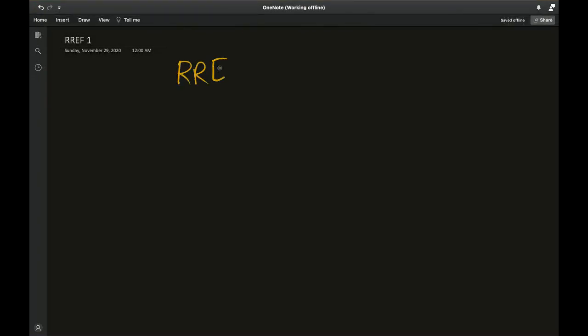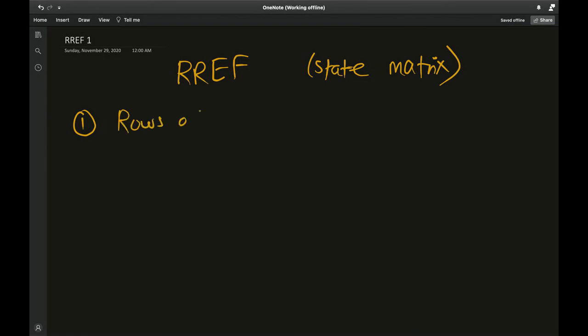Okay, so RREF, row reduced echelon form, is basically a state that a matrix can be in. And how do we know whether a matrix is in row echelon form? Well, rows of zeros are at the bottom, entire rows of zeros.